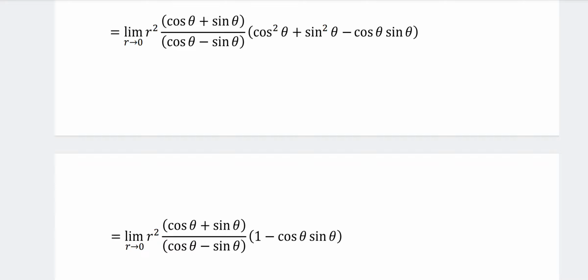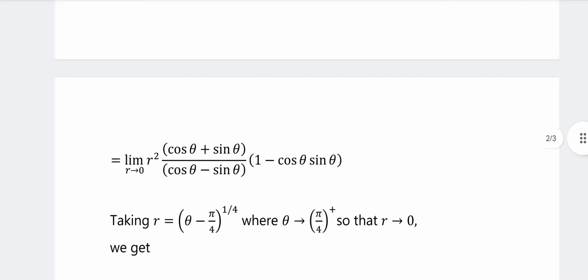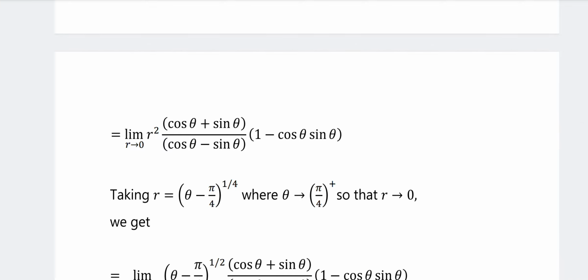I approach like that. I am taking r equal to (theta minus pi by 4) to the power 1 by 4. We know that r is tending to 0, so we have to select theta such that r tends to 0. Even fractional powers can exist only if the inside thing is positive, so we are tending to pi by 4 from the right side.